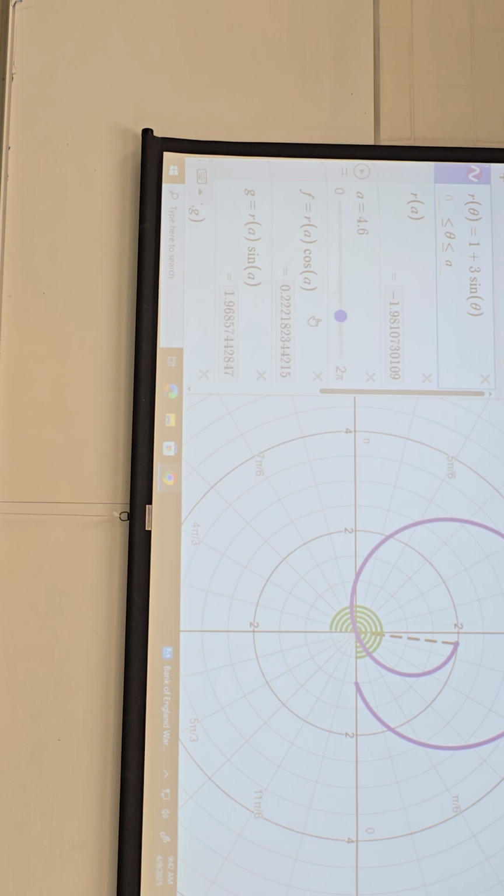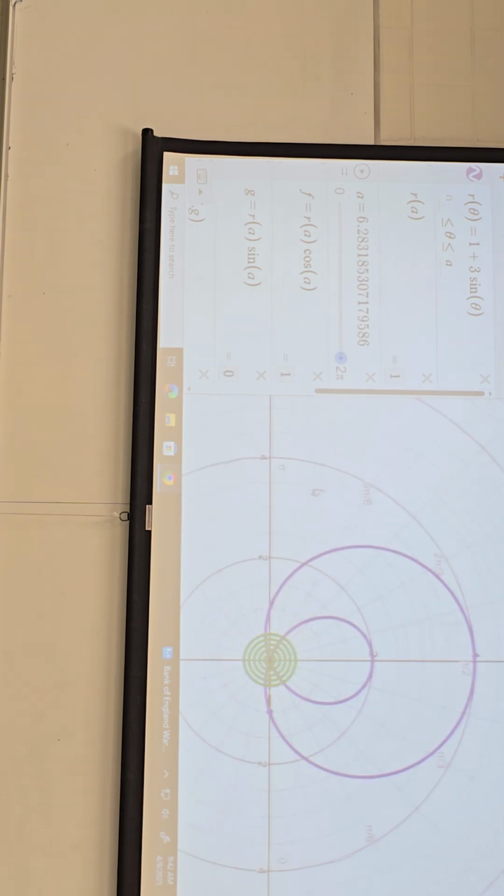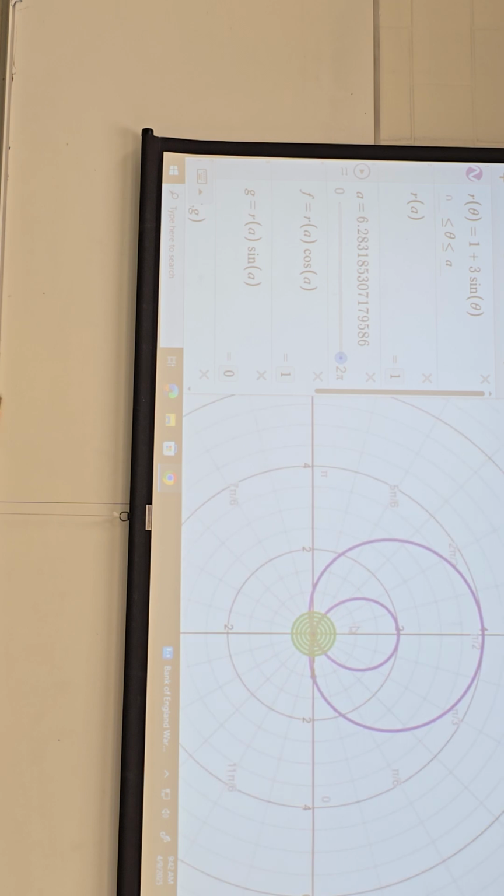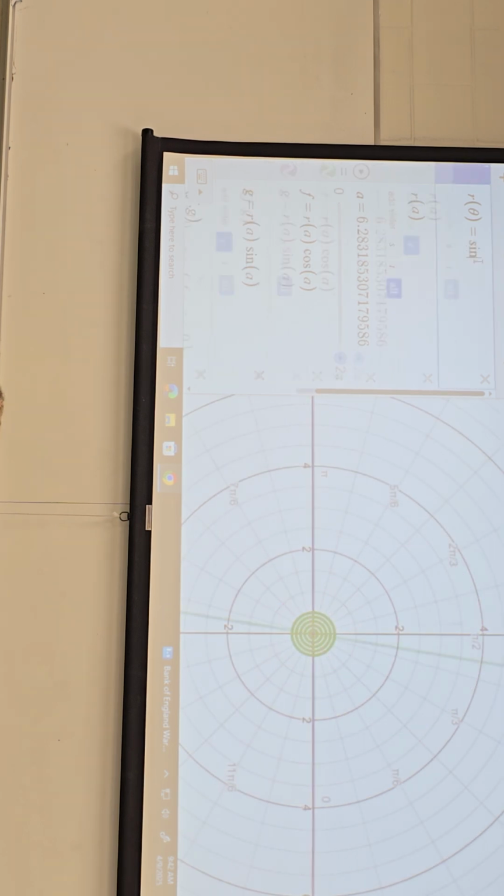And we start to get some negative radii. So we get some inner loop. And you can think of any kind of polar curve that you want. And you can see exactly how this traces out.